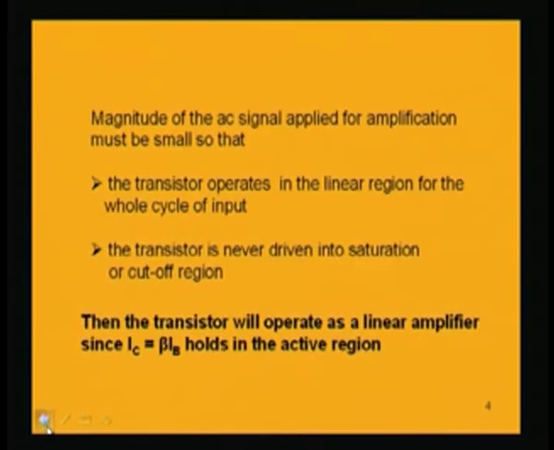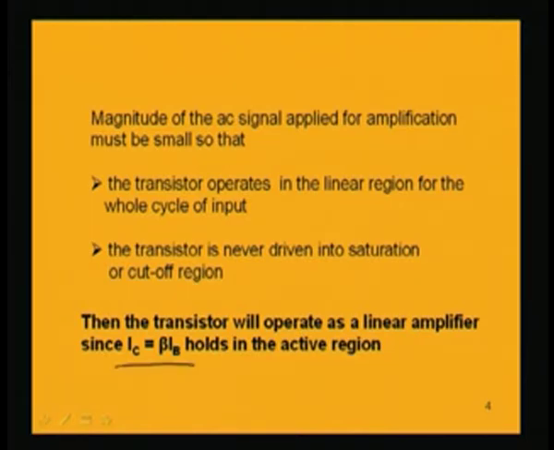That is what we are going to do. This condition prevails because the signal being applied is small, and we have the linear relationship given by IC equal to beta times IB.